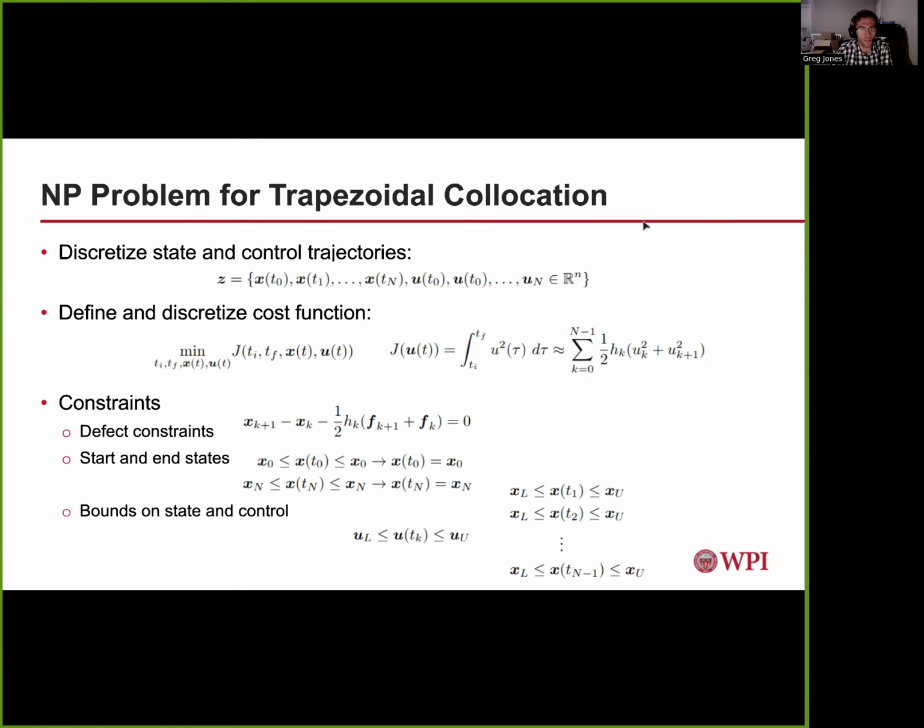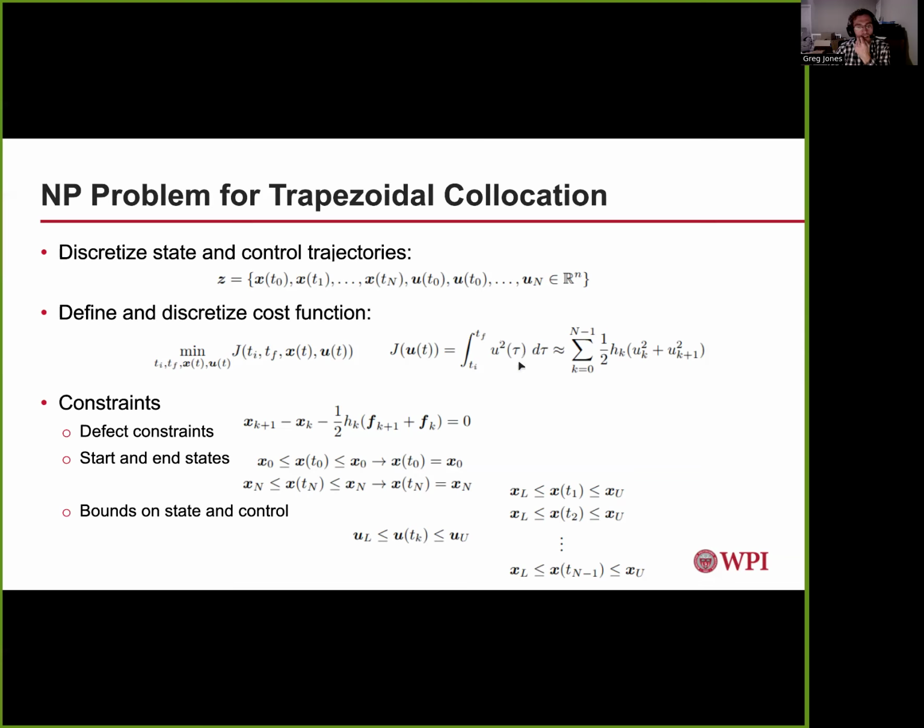Now, formulating the actual nonlinear programming problem, you have as the optimization variables the discrete state and control variables. You then discretize the cost function.